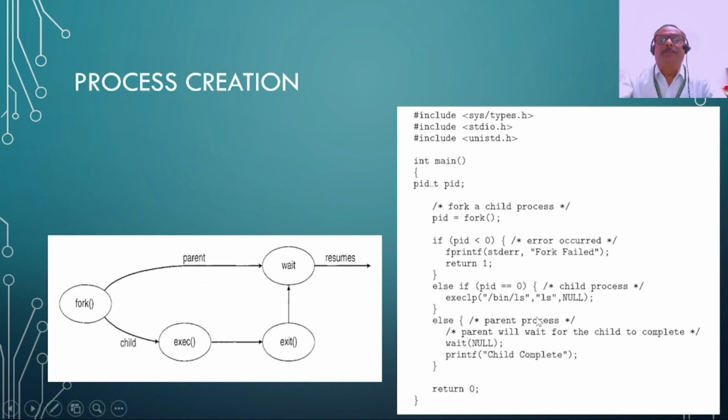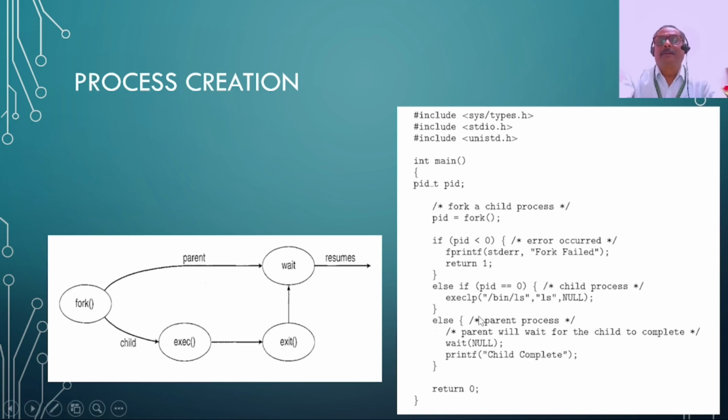So the child process receives the PID as 0, and if the PID is 0, that means you are looking in the child process, then do something. It is going to just go to this particular address and execute the ls instruction, that is printing the directory onto the screen.